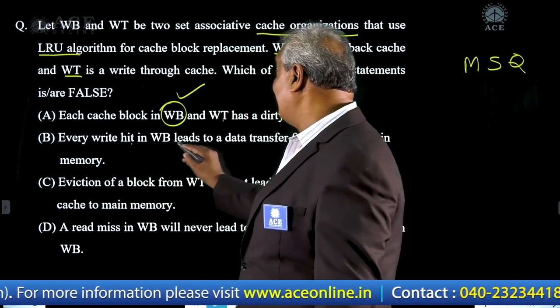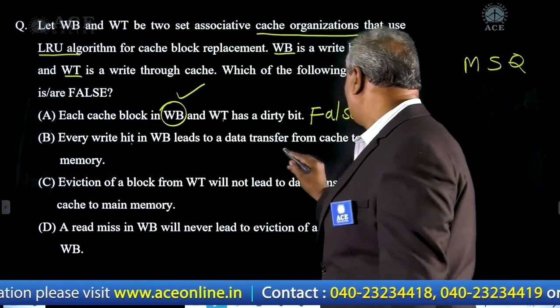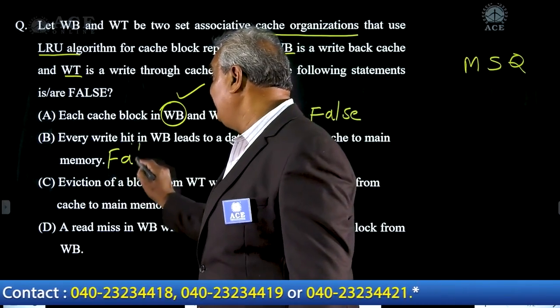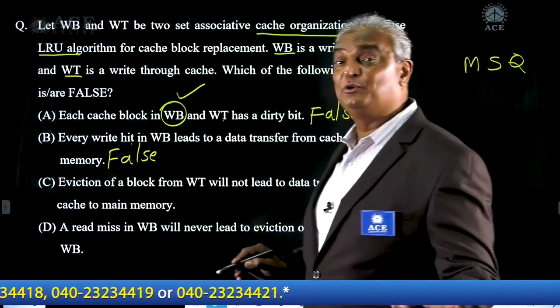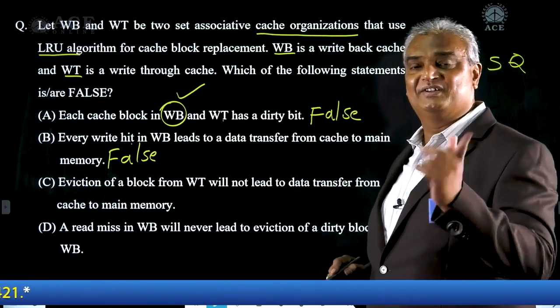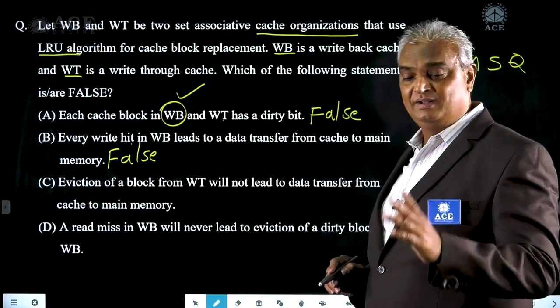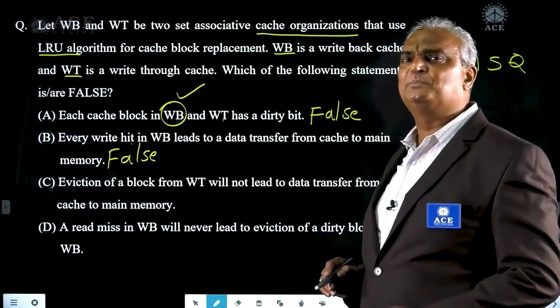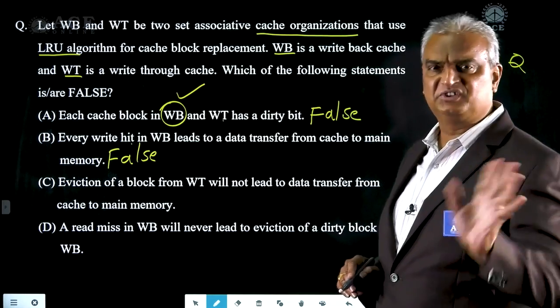It is false. When a write hit has occurred, there is no need to transfer data from cache to main memory. When a miss has occurred, only then is it needed to transfer the information from cache memory to main memory. Information means a block of information, which means a block of words.